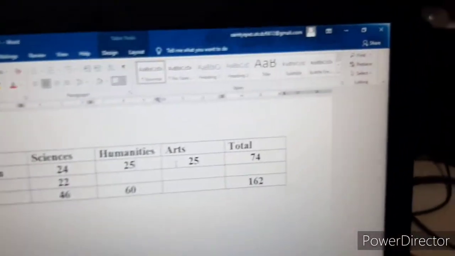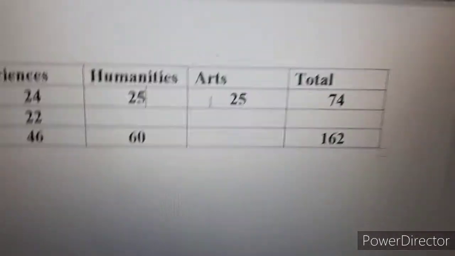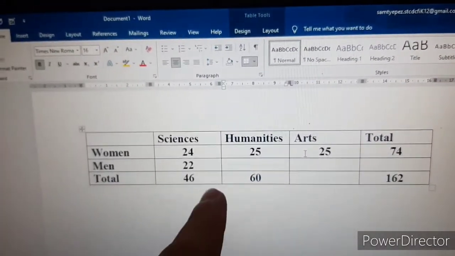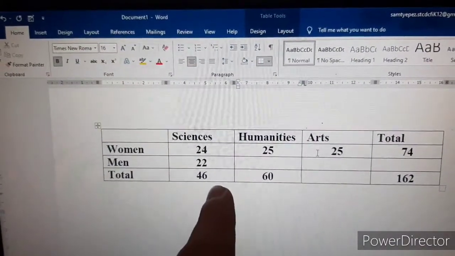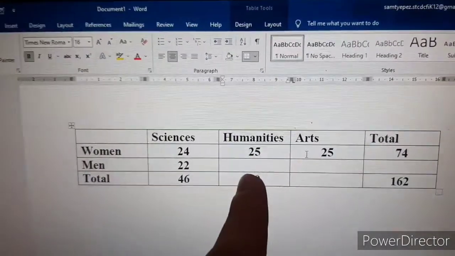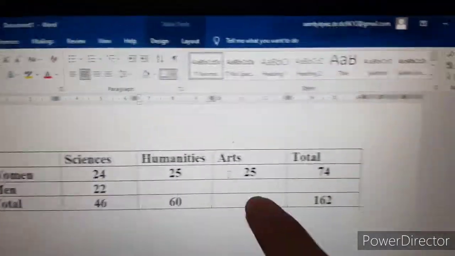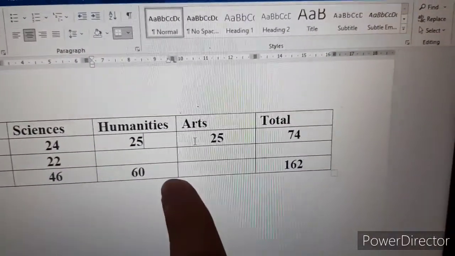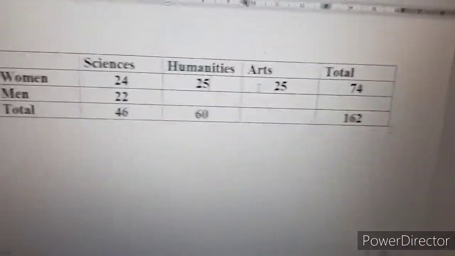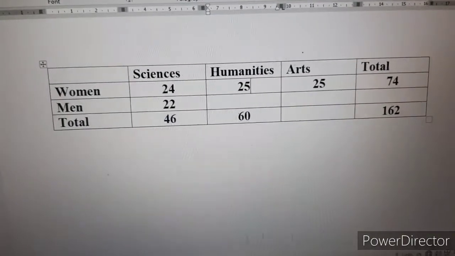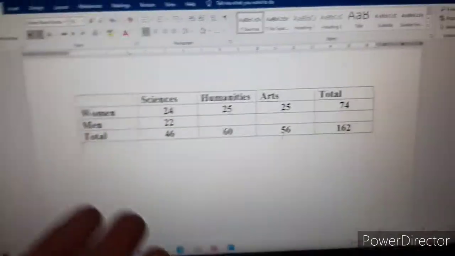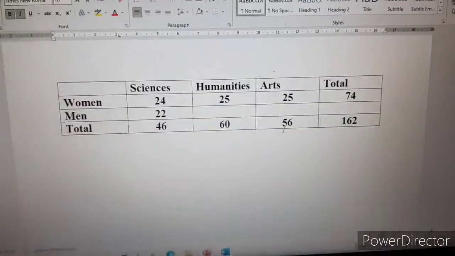So what we're going to do here is subtract. First we add these two, which is 106, and we subtract that 106 from the total, and we get 56. Yes, 56.